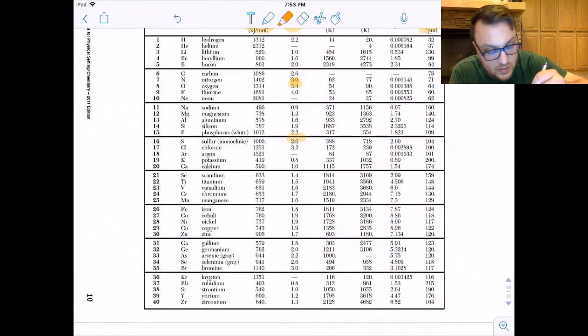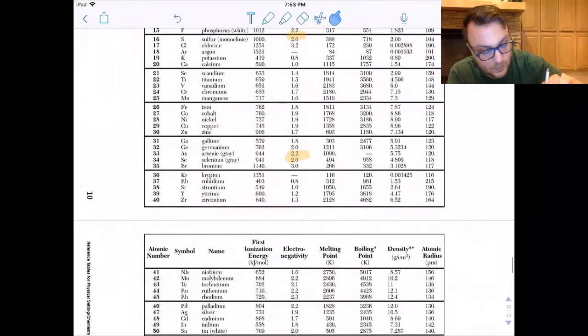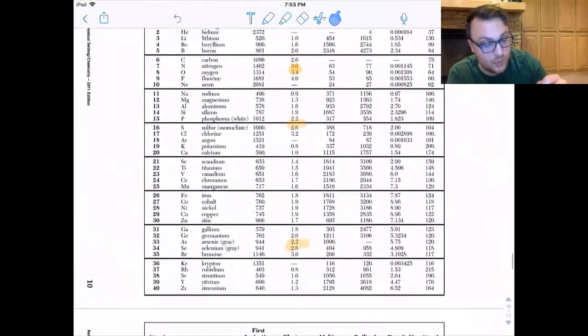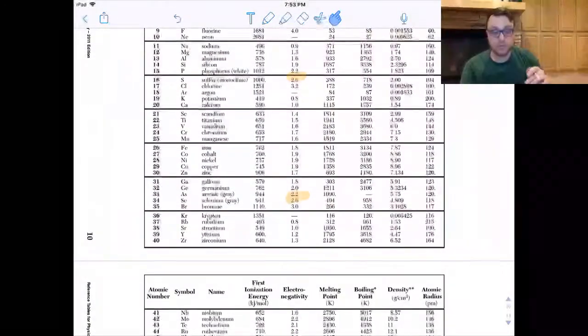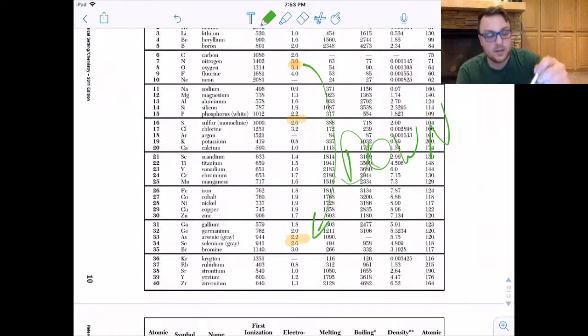There's selenium, also at 2.6. What was the next one? Te. Tellurium at 2.1. So this again confirms the trend. Generally speaking, even though two of them were the same, from top to bottom in a group, it's going down in electronegativity. And you'll notice the same trend in ionization energy as you go down a group, etc., etc.